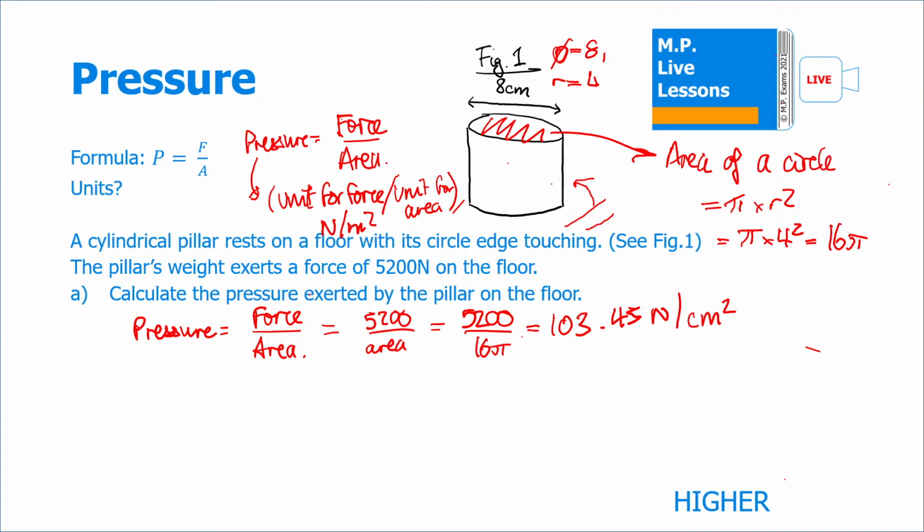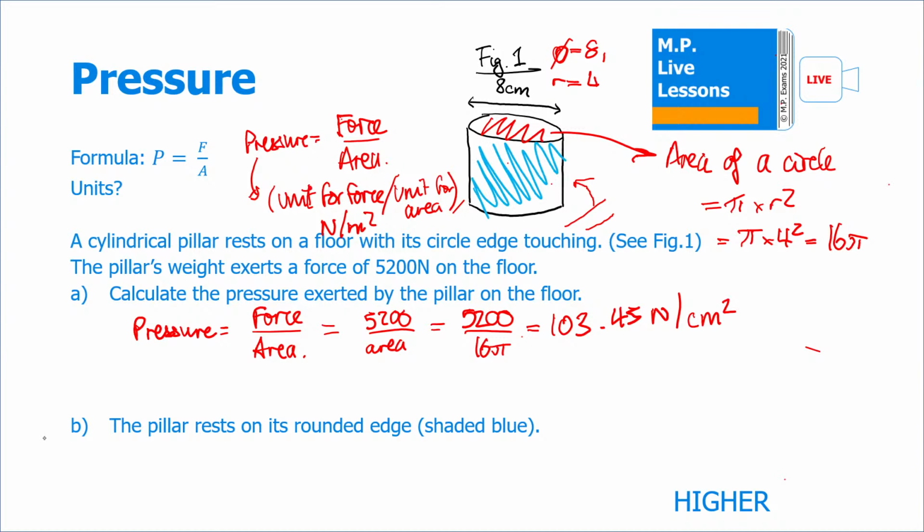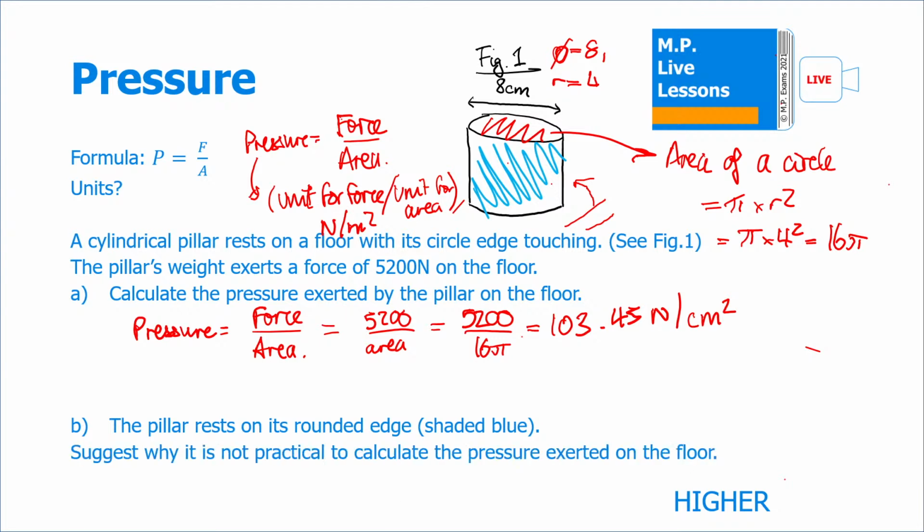Now, the pillar rests on its rounded edge. So not the circle, the rounded edge, and I'll shade that in blue. Now, suggest why it's not practical to calculate the pressure exerted on the floor.